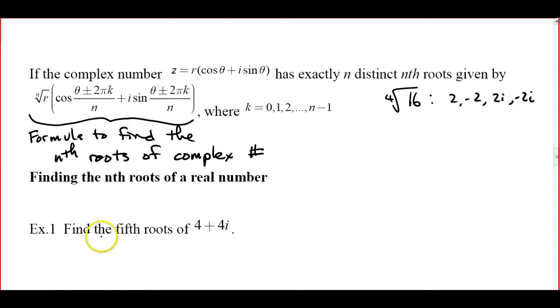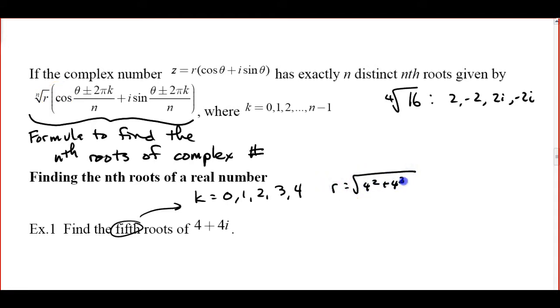We want to find the fifth roots of 4 plus 4i. Since we want the fifth roots, we're going to have k equal to 0, 1, 2, 3, and 4. We're going to need to know what r is. So r is going to be the square root of 4 squared plus 4 squared, so that's the square root of 32, and we'll leave it like that for now.